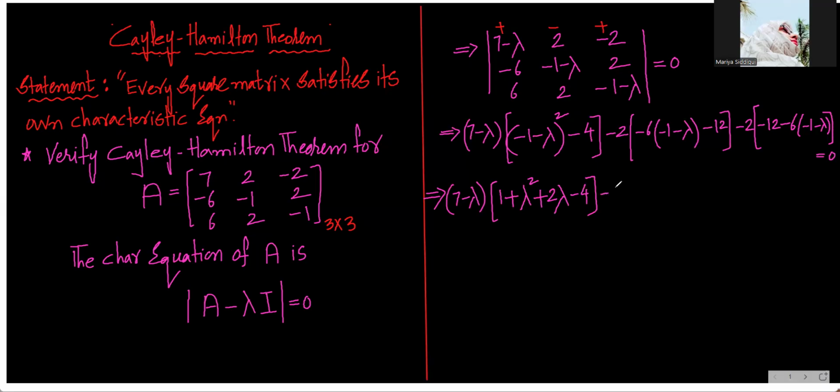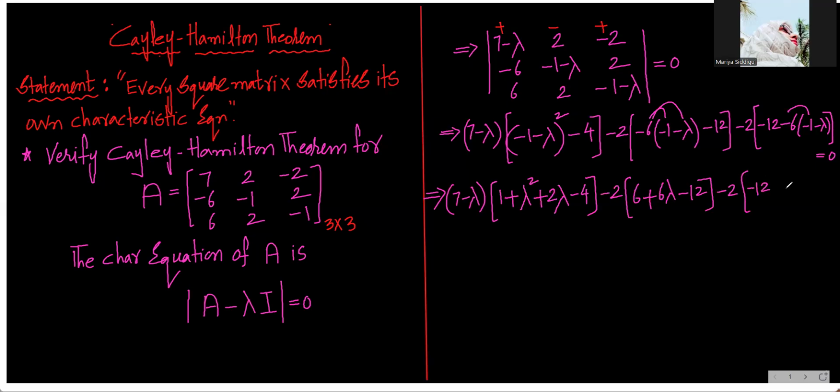And now minus 2 as it is. First of all, inside we multiply these two. It is 6. Again, these two we multiply, it is plus 6 lambda. Close it. Sorry, we have one more, minus lambda 12 also. Minus 2 into, it is minus 12.